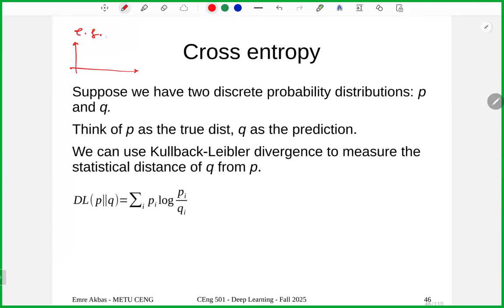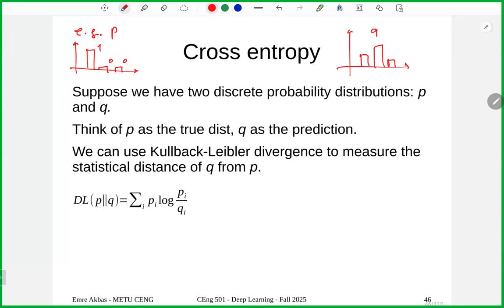For example, P could be something like this, 1, 0, 0, which we call the one-hot vector, but it's still a valid probability distribution. If you sum the elements, they sum to 1, and they are all positive. And Q will be your model prediction. Again, it's a discrete probability distribution.